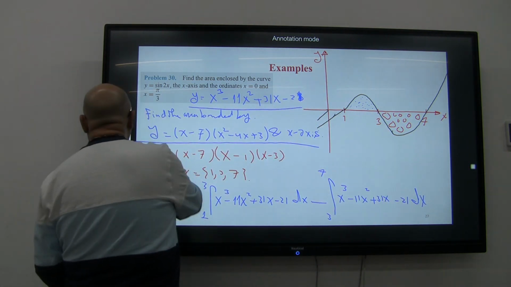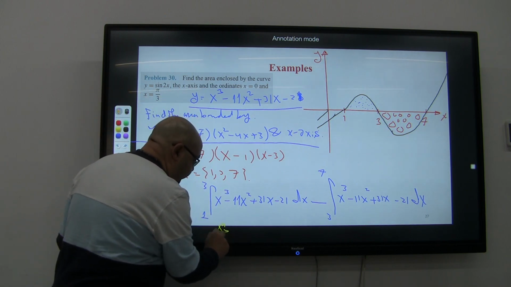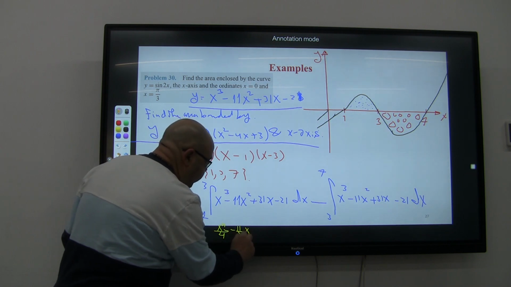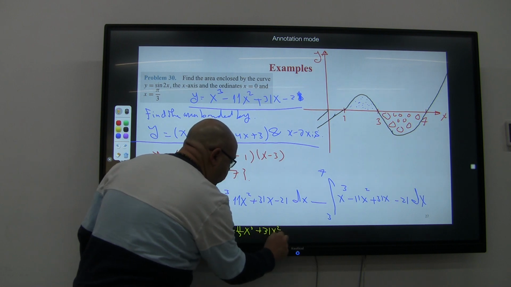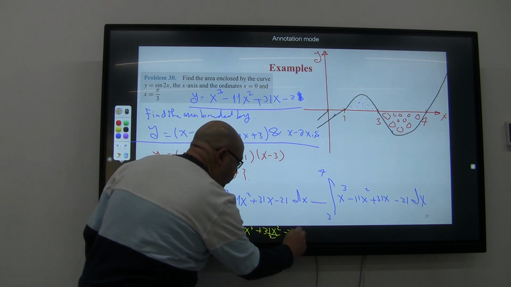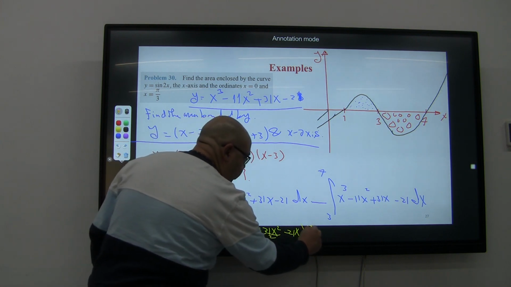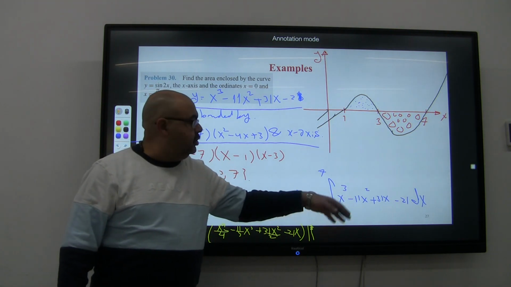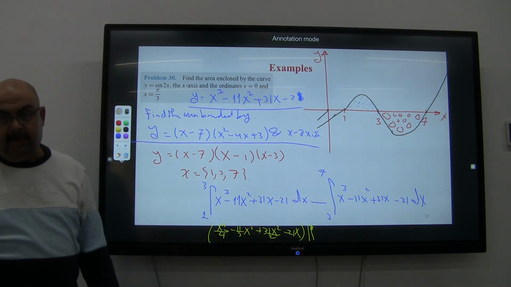The integration is very simple, because integrating this function will develop x to the power of 4 divided by 4 minus 11 divided by 3 x cubed plus 31x squared divided by 2 minus 21x, and then you will start substituting by the integration limits, which are 3 and 1, and for the other part, 7 and 3, and you will have your area.